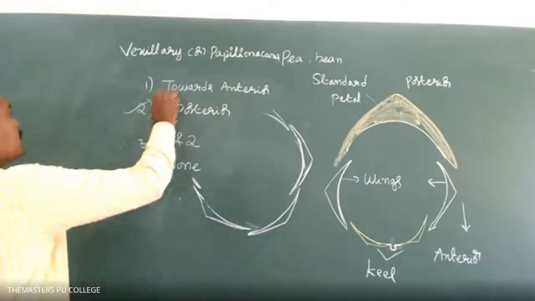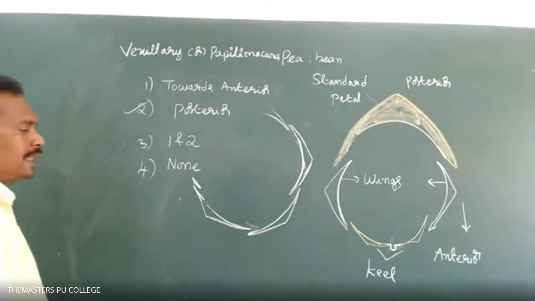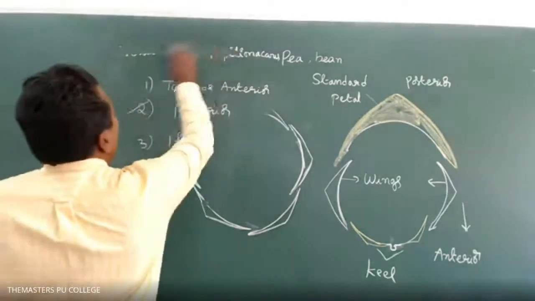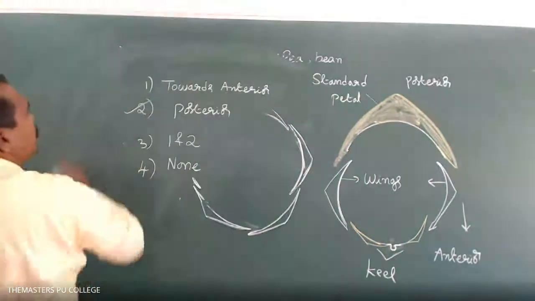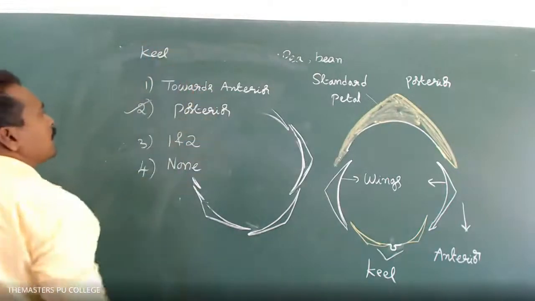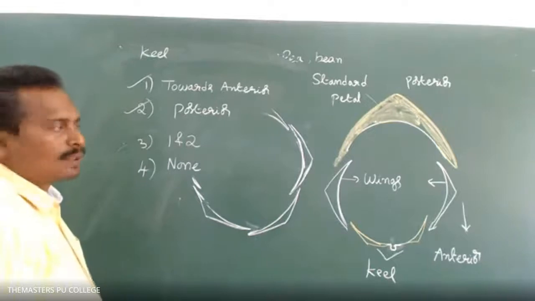Second option is correct. Keel petals are located in vexillary aestivation towards the anterior side. Option 1 is correct.